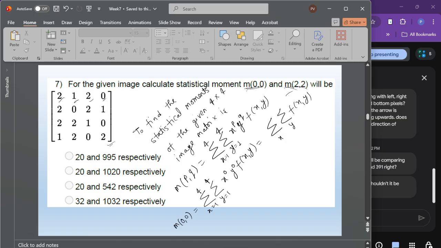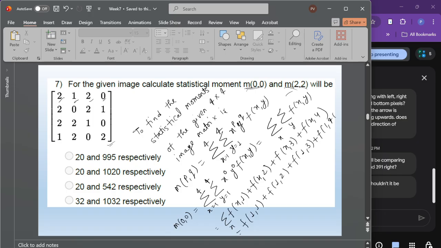Here x will vary 1 to 4. So when x is equal to 1, first we will open the y. So you will get here f x1 plus f x2 plus f x3 and plus f x4. Now we will open for the x. So here you will get f11 plus f12 plus f13 plus f14.